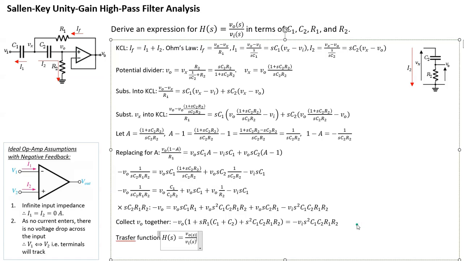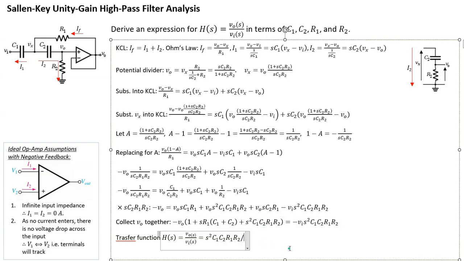Basically this whole term here ends up at the bottom of this term, and VI goes to the other side. So on top is going to be this, divided by all of this. Now I'm going to rearrange this so the S squared is at the front.